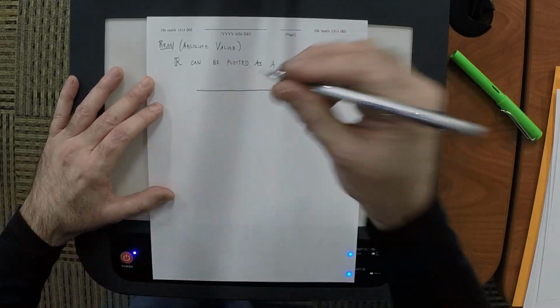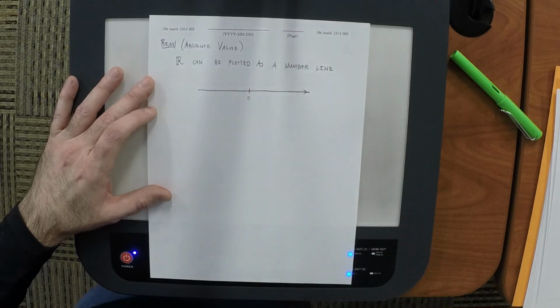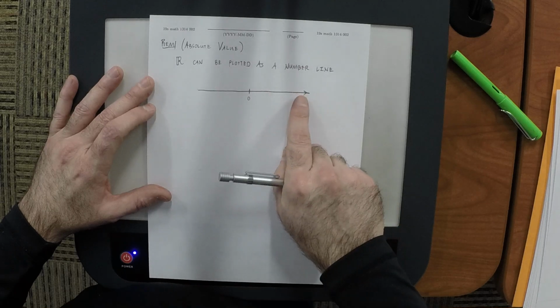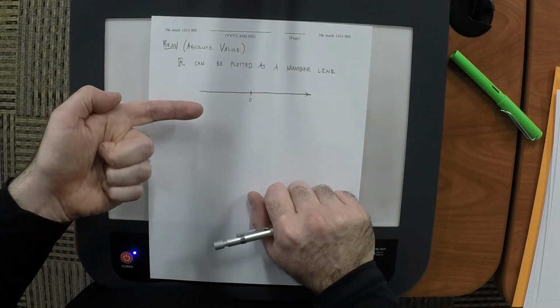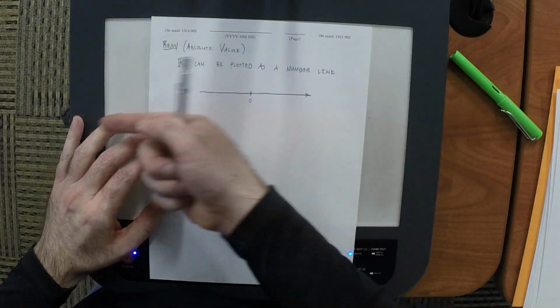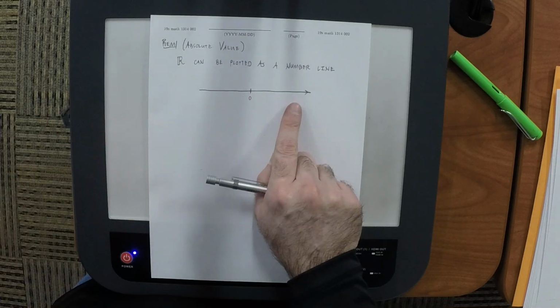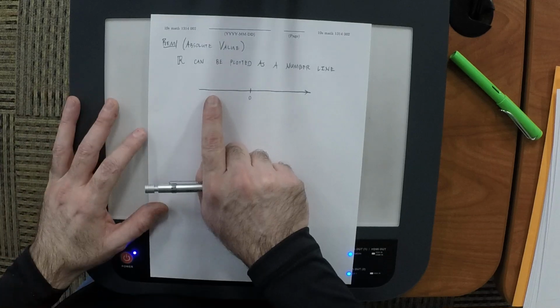Usually you point out where 0 is. The arrow pointing to the right means that's the direction where things are getting bigger. The numbers are getting smaller as you go to the left. Stuff to the right of 0 is the positive stuff, and stuff to the left of 0 is the negative stuff.